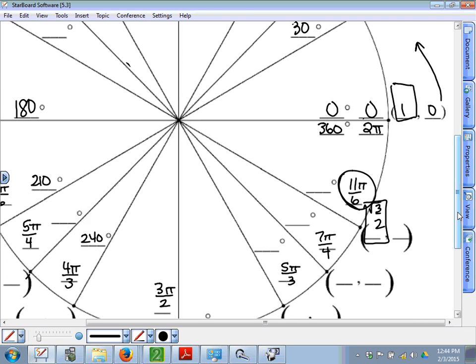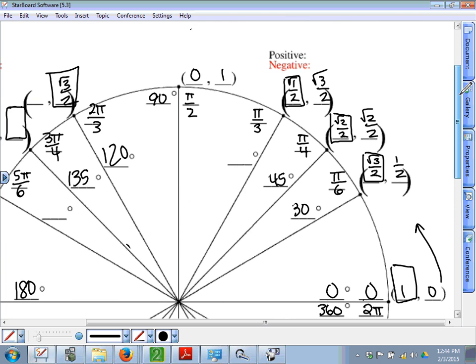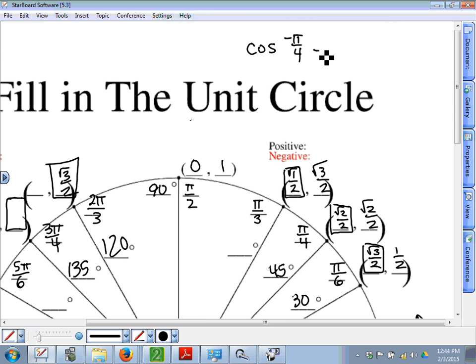It's the same as 315 degrees there. What is it, cosine or sine? I forgot what I asked you. So cosine would equal the x value there. So what is it? So that would be the square root of 2 over 2. Okay? That's all your homework's going to be, is evaluating trig functions when they're in radians.